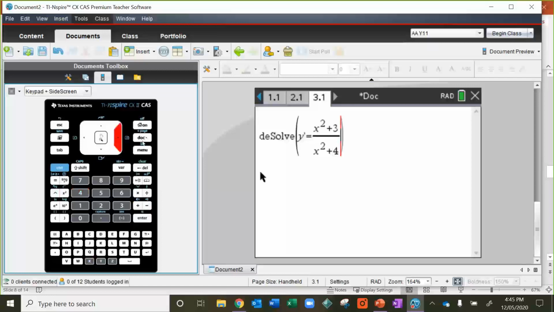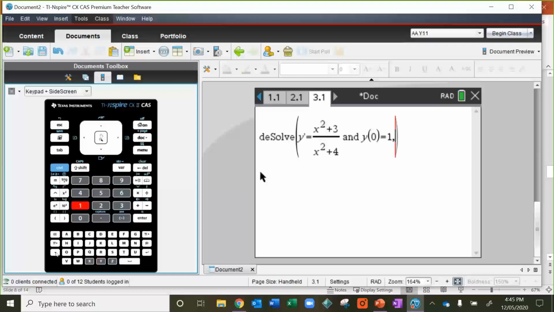And what you need to do to enter the initial condition, you need to put a space now, and you say "and", another space, and we enter the initial condition. y(0) is equal to 1.